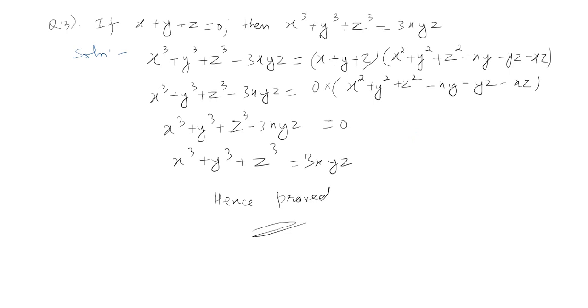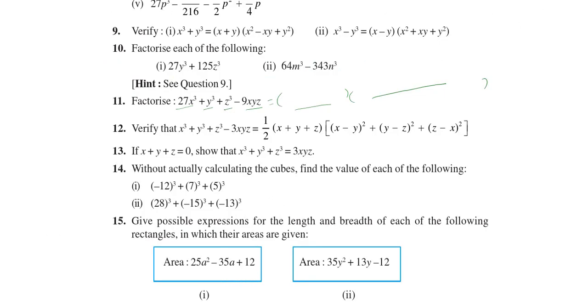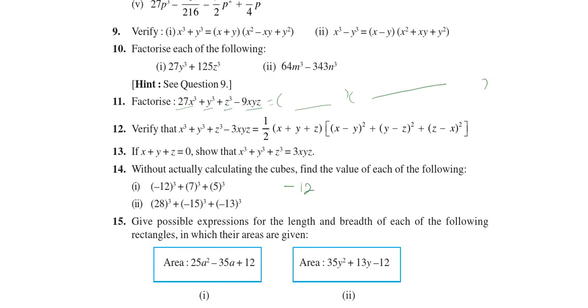First question means, why not? It is 0. You can see here minus 12 plus 7 and plus 5 is minus 12 plus 12, which is 0. They will give you 0, and only then can you apply that identity.